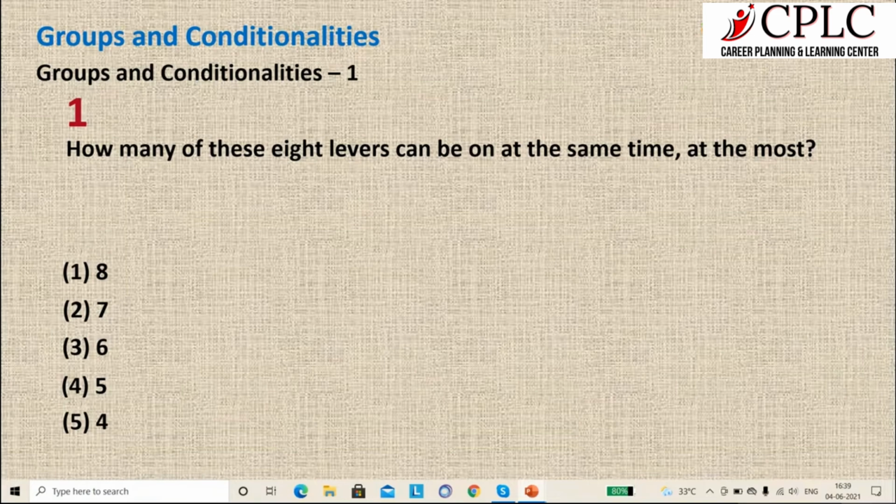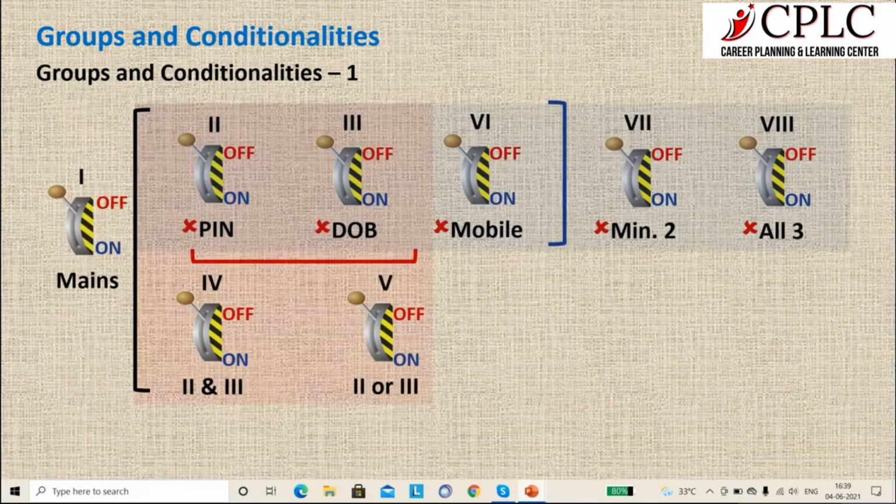It's up to us, right? So let's see what we'll do. Now, obviously, the first lever has to be on because it's the main power supply. Now, we ourselves have to keep the maximum levers on, correct?